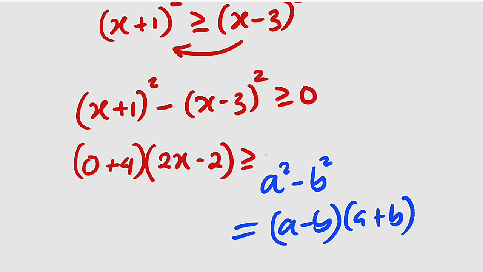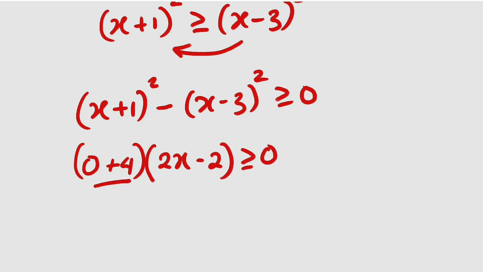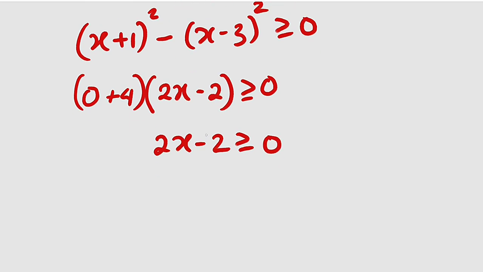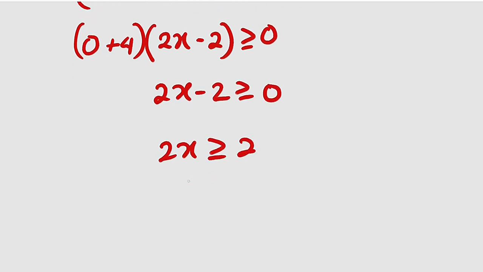This is greater or equal to 0. 0 plus 4 is 4, and we can divide both sides by the 4. So we have only 2x minus 2 greater or equal to 0. If you take negative 2 to the other side, we have 2x greater or equal to positive 2. Divide both sides by 2, we have x greater or equal to 1.